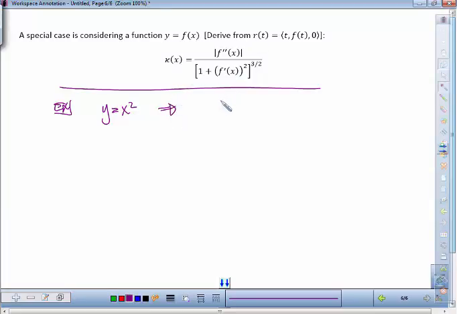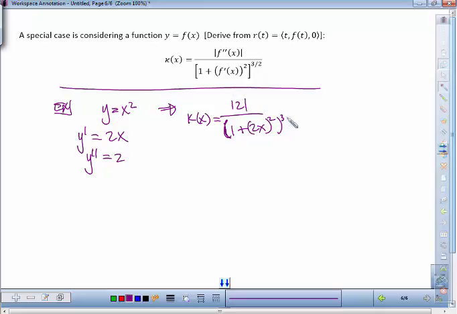according to our curvature formula, we need things like the first and second derivatives. That's easy enough. That's 2x and 2. So according to the curvature formula, kappa of x is going to be the absolute value of 2, divided by, I guess this is a parentheses, 1 plus the derivative, which is 2x, and the 2x has to be squared.